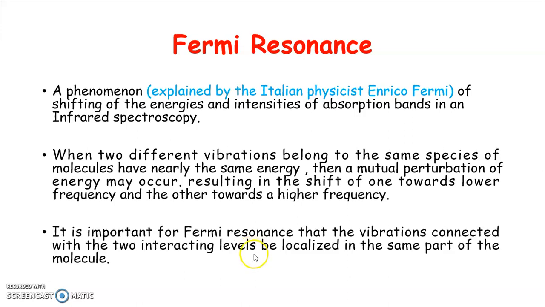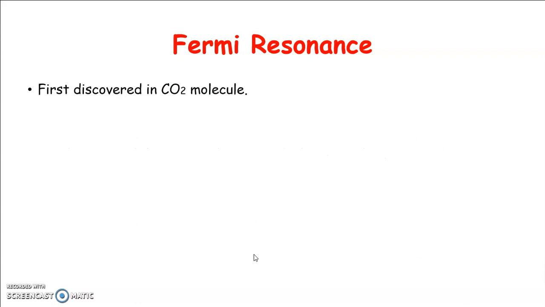It is important for Fermi resonance that the vibrations connected with the two interacting levels be localized in the same part of the molecule. Fermi resonance was first discovered by Enrico Fermi in the carbon dioxide molecule.